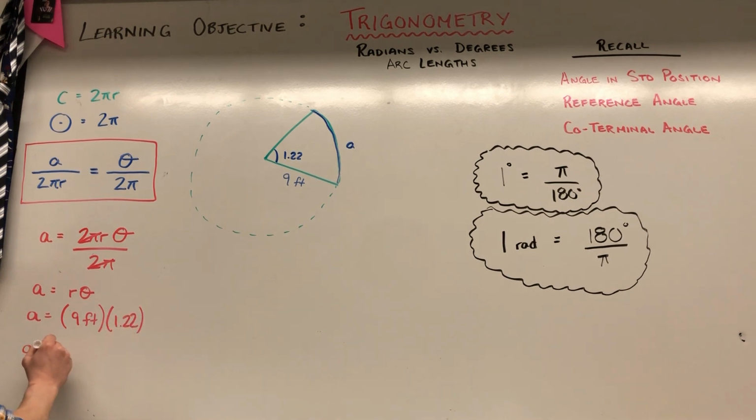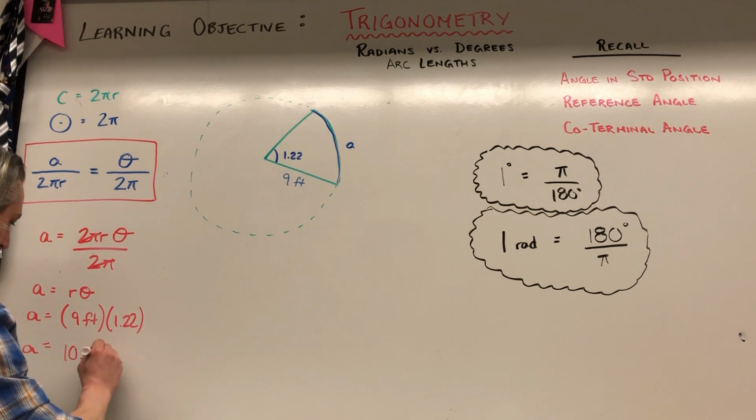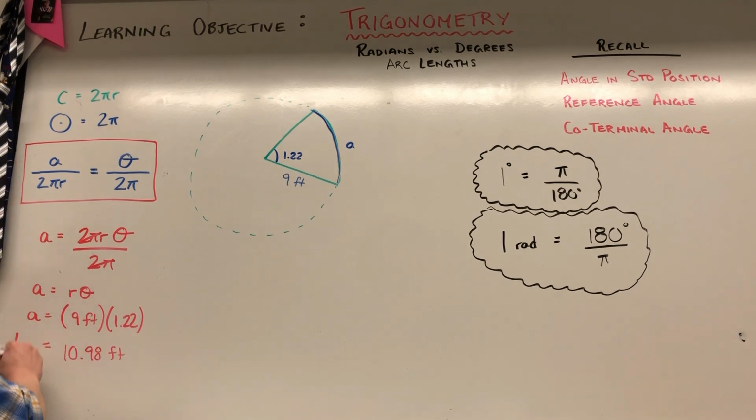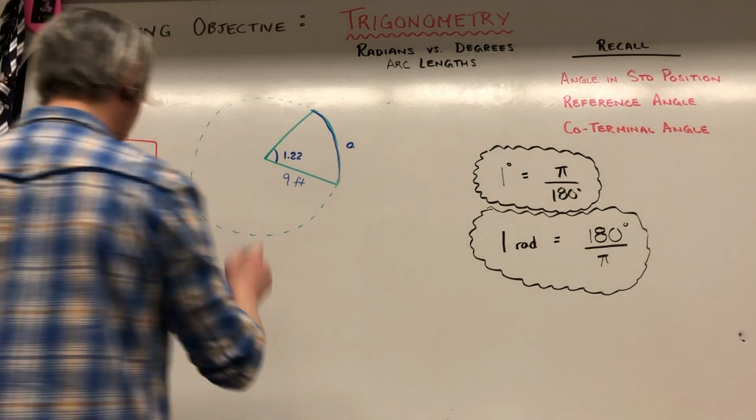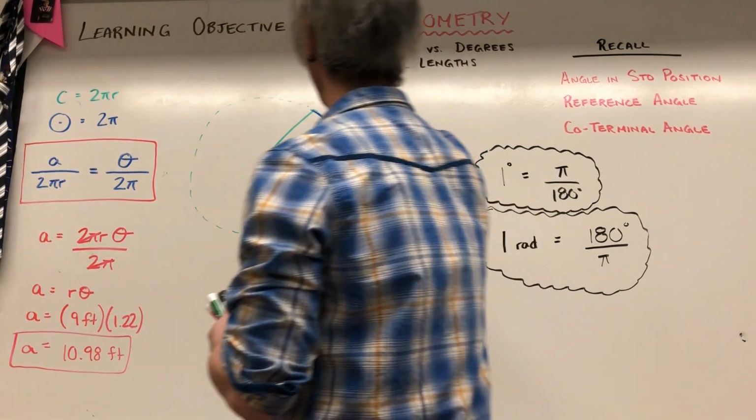And I get an arc length of 10.98 feet. Okay? There we go. Now let's say that they didn't give me the angle and I have to solve for the angle. So here's another problem.